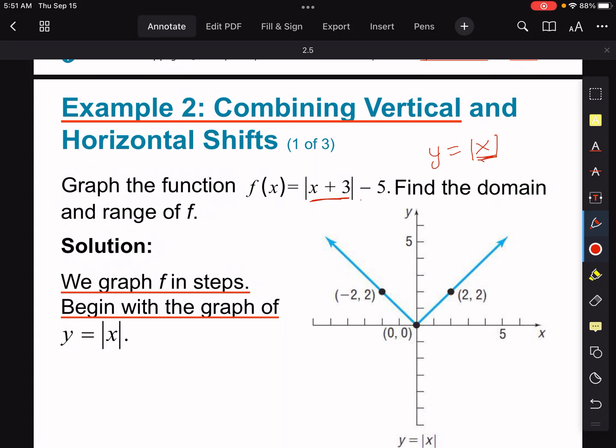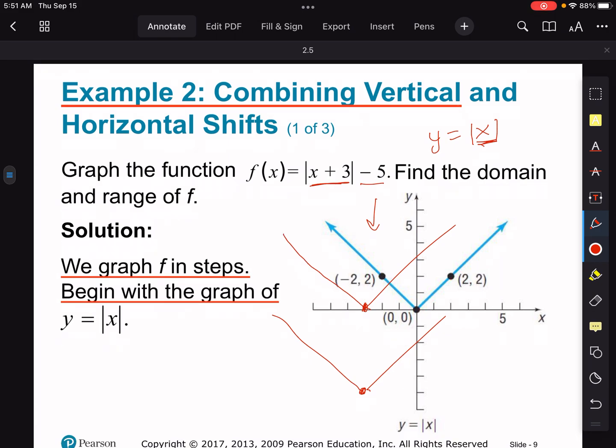And then on the outside, notice they subtract 5. That's going to be a shift down 5. So you're going to see this graph go to the left 3, and it will still have its same shape. It'll do this first, and then it will shift down 5. 1, 2, 3, 4, 5. So we'll end up down here with the same width and depth as the original graph. It's just shifting left and then down.